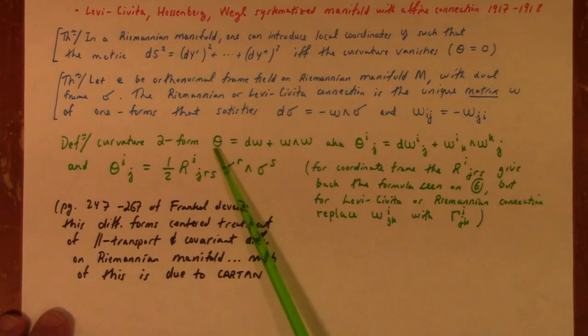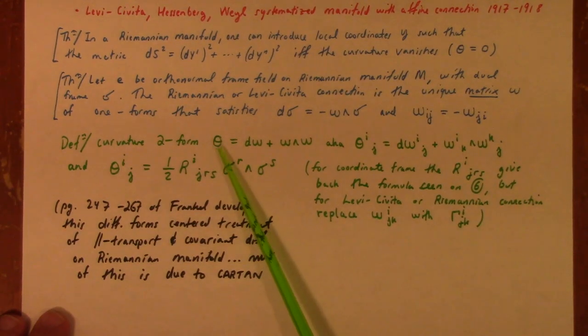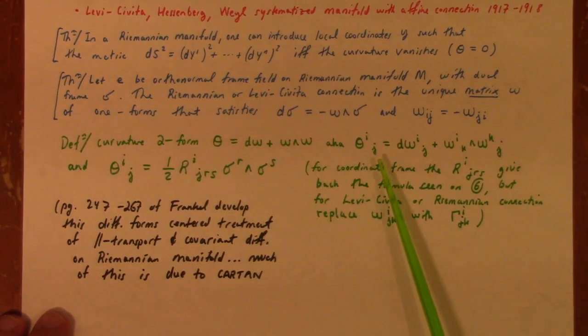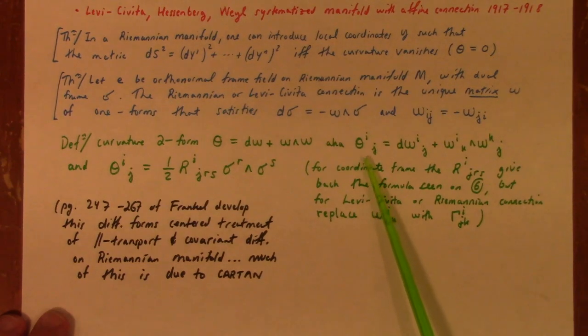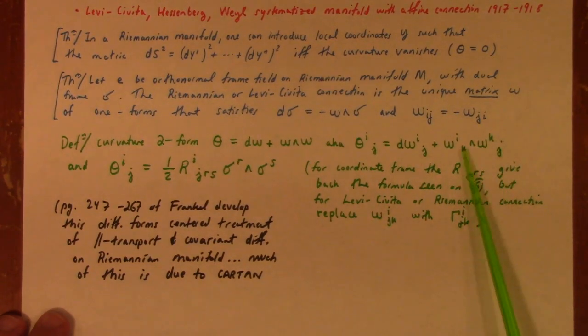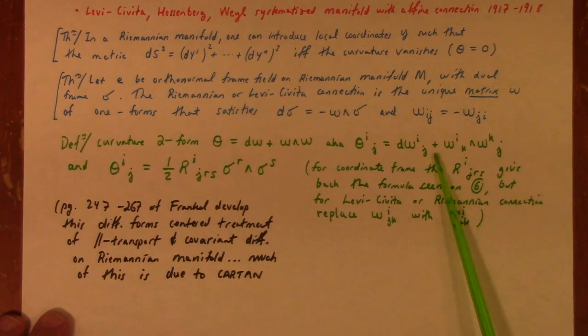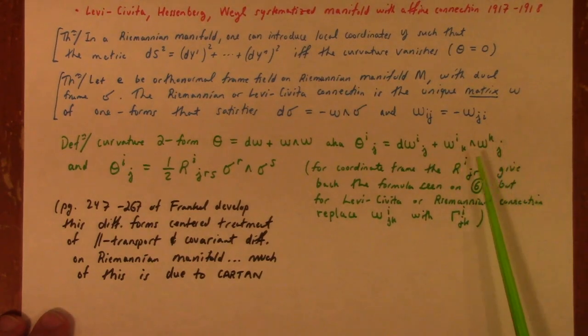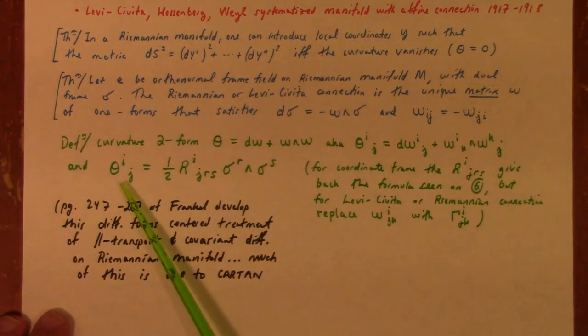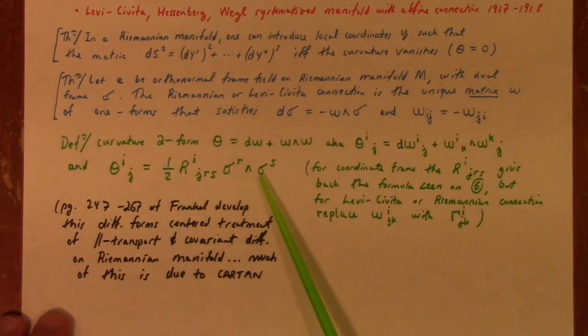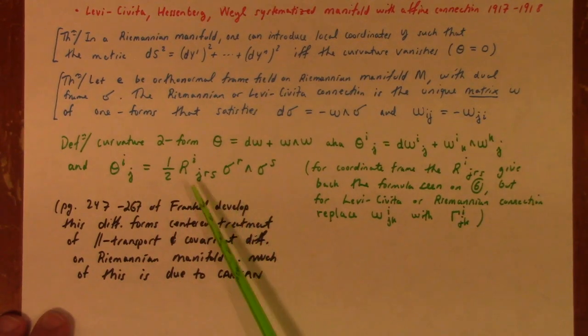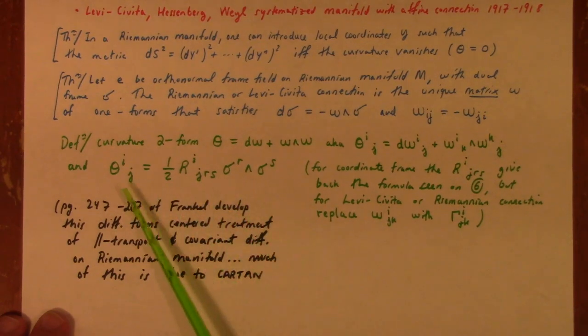This is all matrices of forms, all right? And here's the details, this is like a matrix multiplication and wedge product kind of thing. And then the curvature form is a 2-form which is constructed from the Riemann tensor in this way, all right?